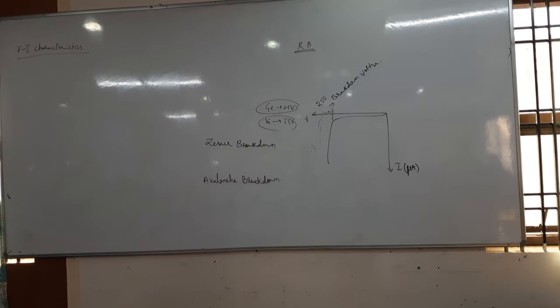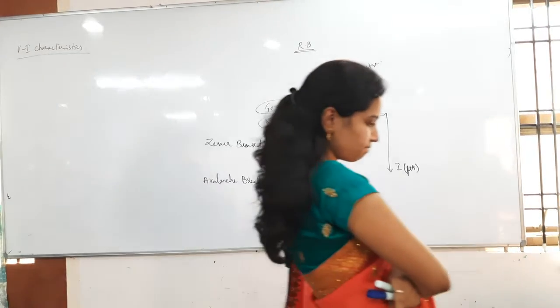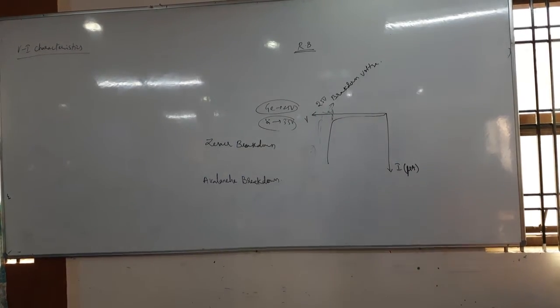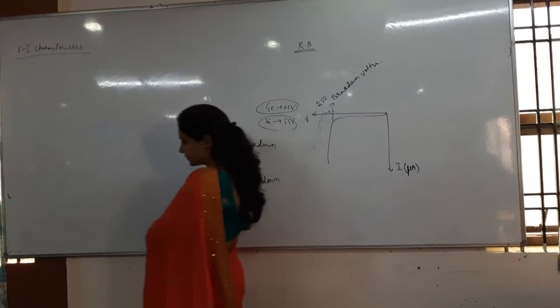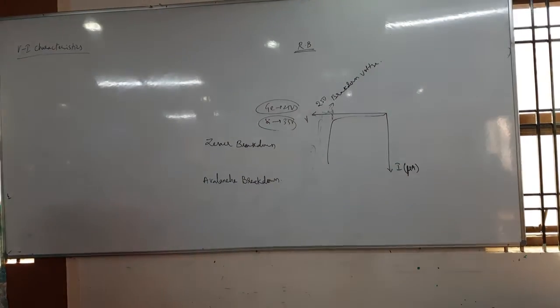Next, avalanche breakdown occurs in lightly doped p-n junction due to the collision of free charge carriers after breaking the covalent bonds.